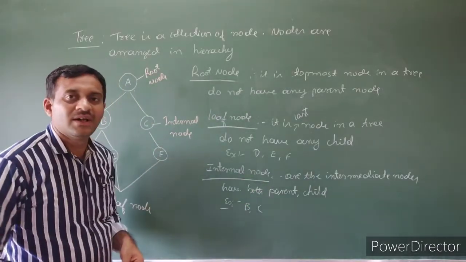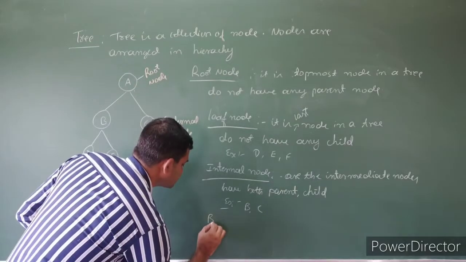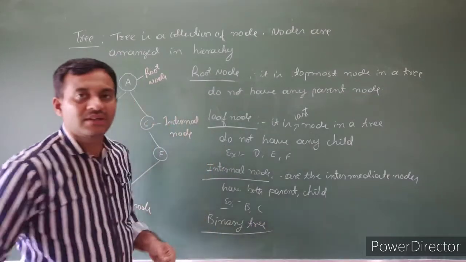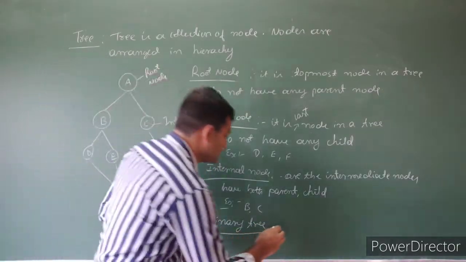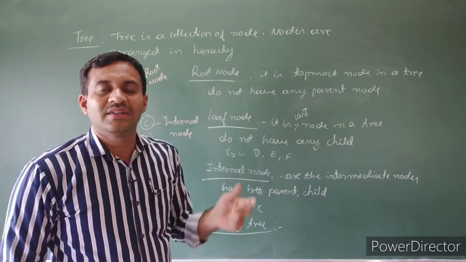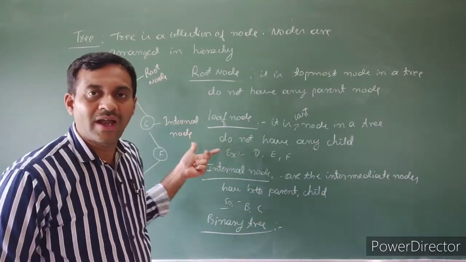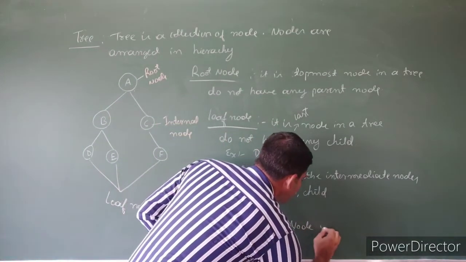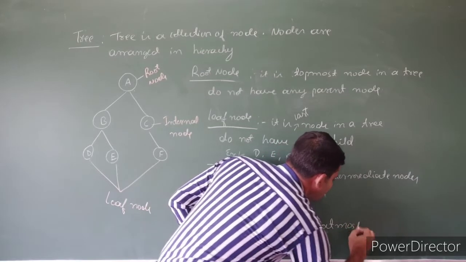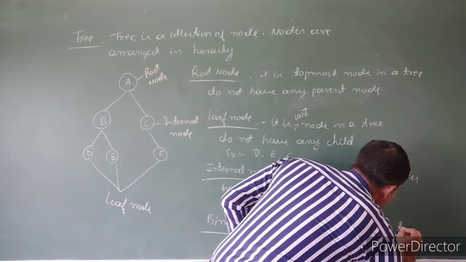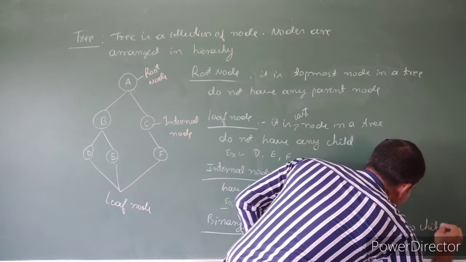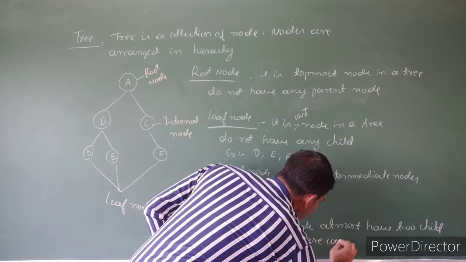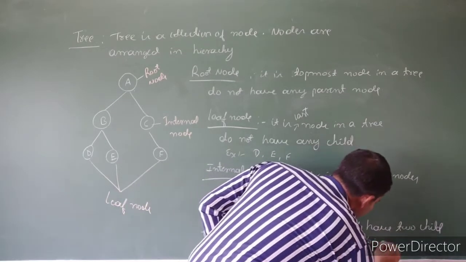Then the next one is the binary tree. A binary tree means a tree in which every node has at most two child nodes.